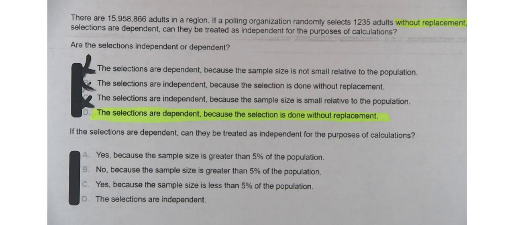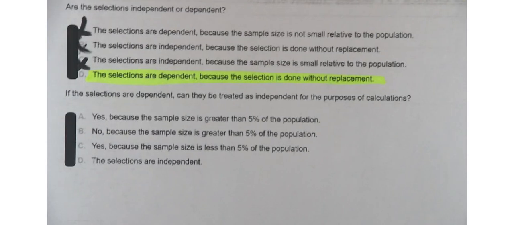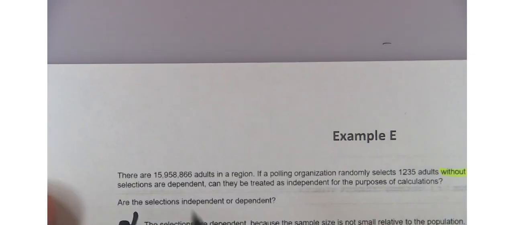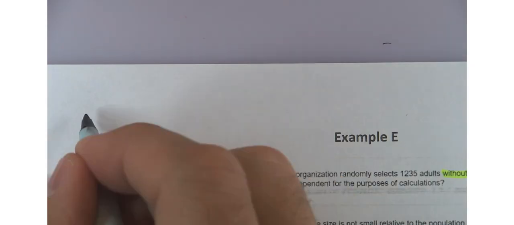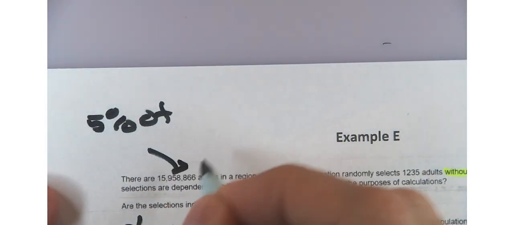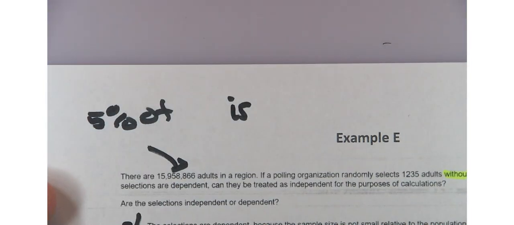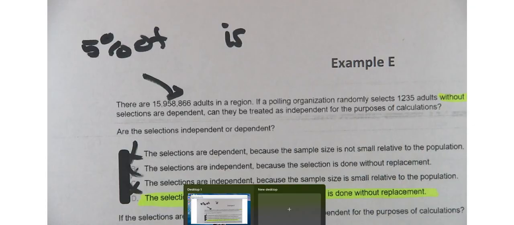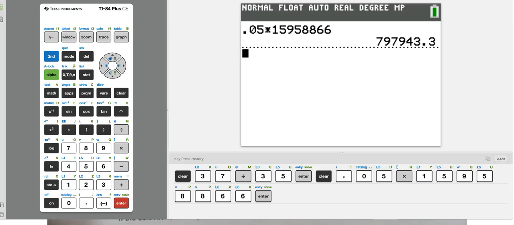All right, how about the second one? So we calculated 5% of this number, and it was just under 800,000. It turned out to be 797,943.